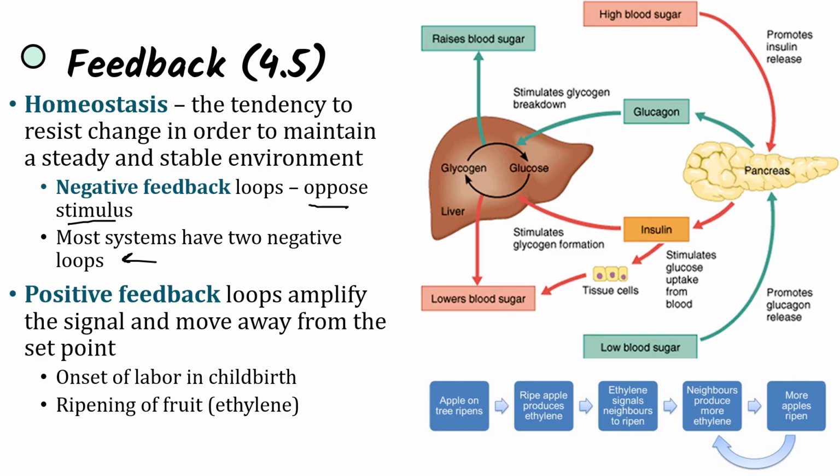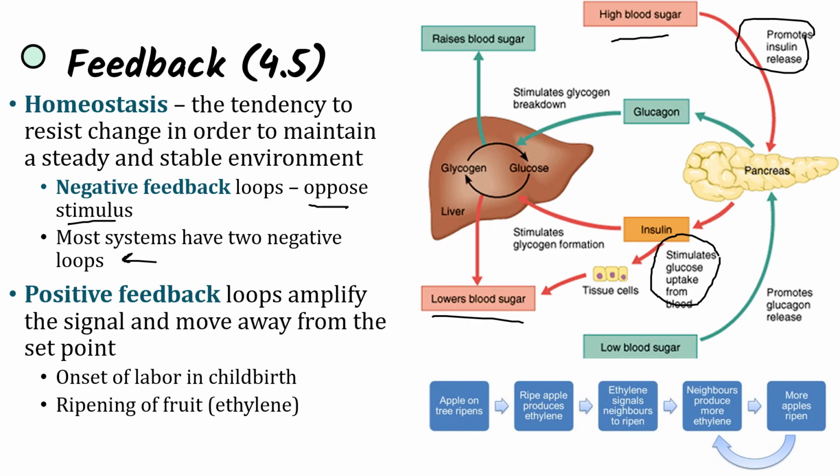So we can look here at the insulin and glucagon feedback loop. When you've got high blood sugar, that's promoting the release of insulin, which is then going to stimulate glucose uptake from the blood, and that's going to be stored as glycogen, lowering your blood sugar. So we're returning back to the set value when the blood sugar is too high.